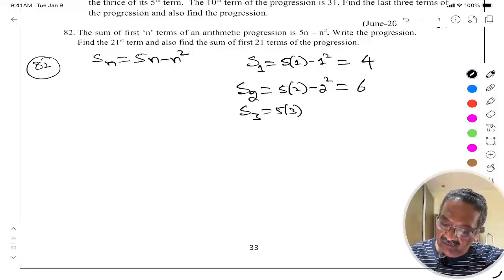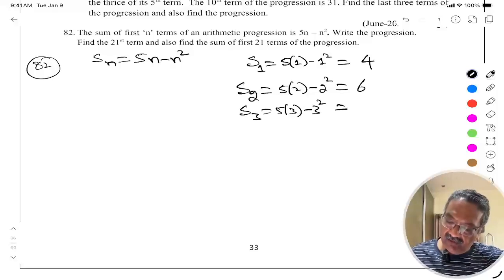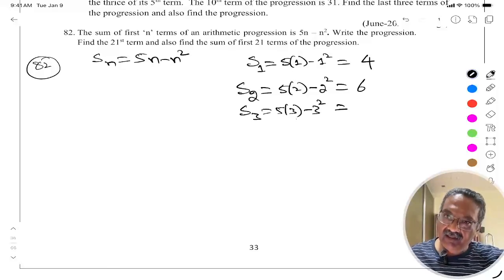S3 is 5 into 3 minus 3 square is equal to 5 3s are 15 minus 9, 15 minus 9 is 6.